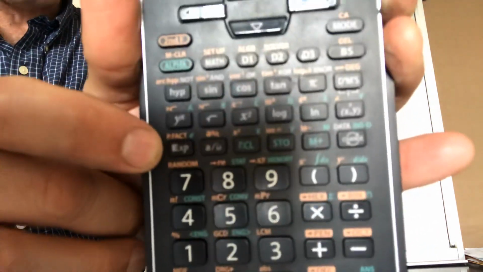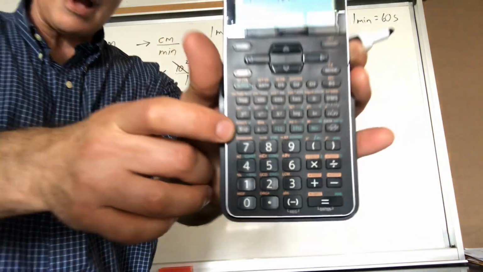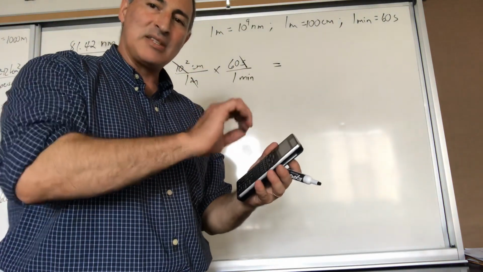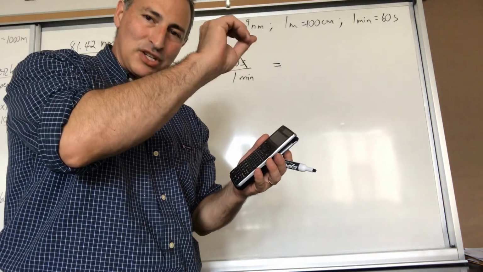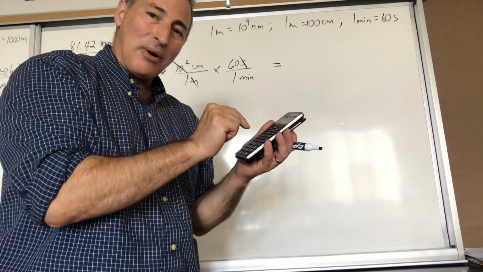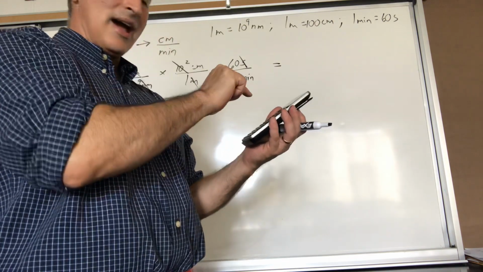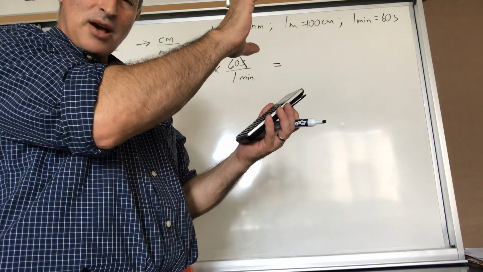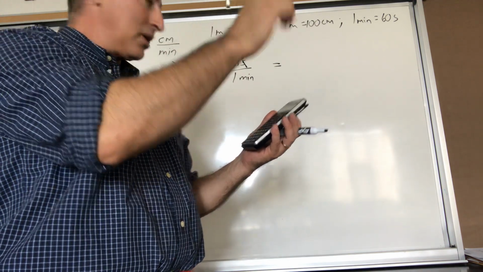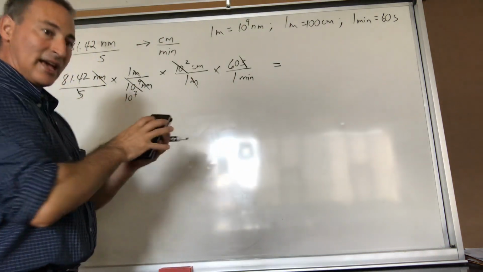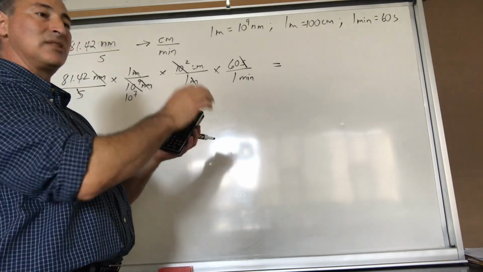When you press that magical EXP button, your calculator automatically writes times 10 to the power of, and leaves a flashing cursor there. That's where you write your power in. So when I say 1 EXP, the times 10 appears automatically, and then I write it in the exponent. In this case, I write a 7, and what the calculator says is 1 times 10 to the power of 7.